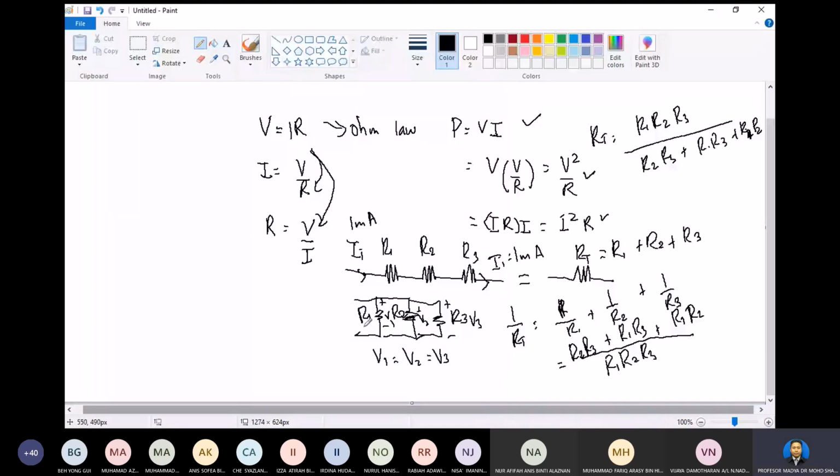That is simple basics of electrical. Clear this one, guys? This is the basics that you have to remember. Maybe some of you do not remember, so I refresh again the basics of electrical.